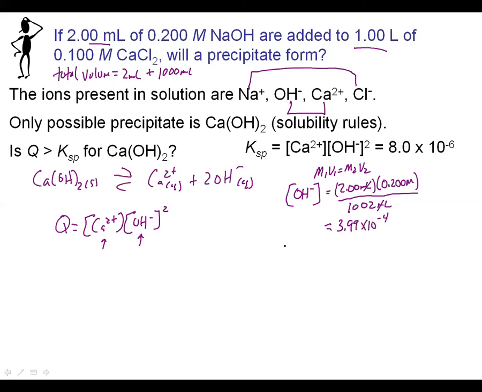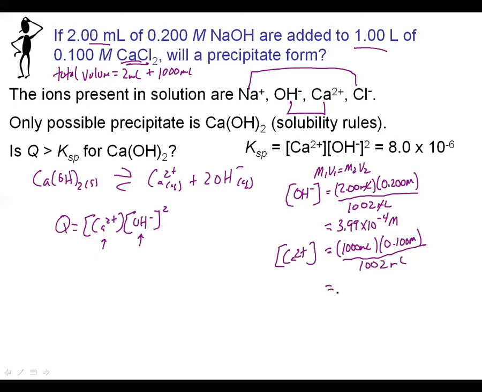Now our calcium ion, the only source of calcium will come from the calcium chloride. But again, we need the concentration of calcium not from that, but in the mixture when they come together. So we would do the same thing for our calcium. We're going to take 1,000 milliliters, where I converted the liters into milliliters, times our 0.1 molar, divided by our total volume, which again I converted to milliliters.